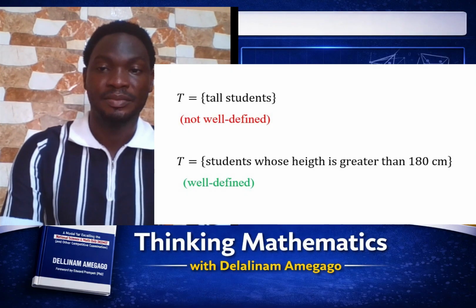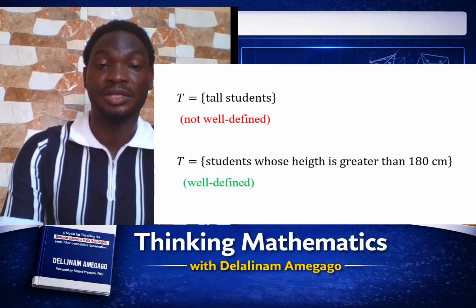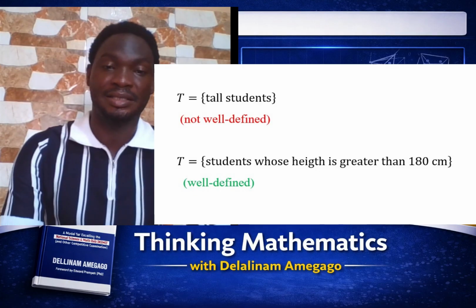For example, if we say T is the collection of tall students, without any other statement on what it means to be tall, then T is not a set because T is not well defined.